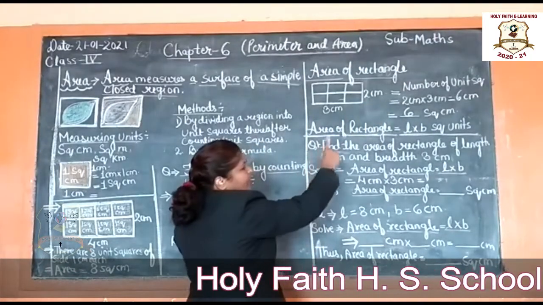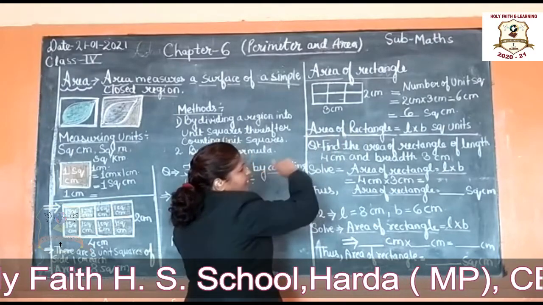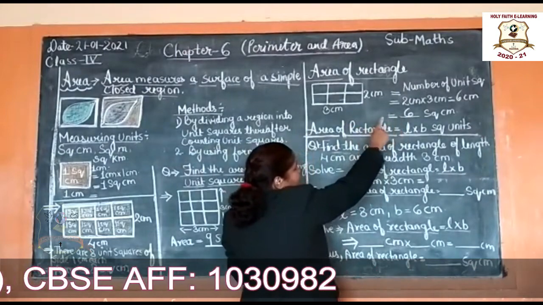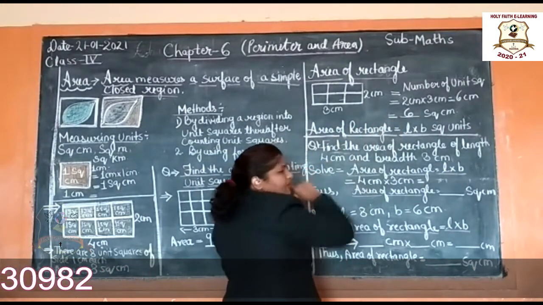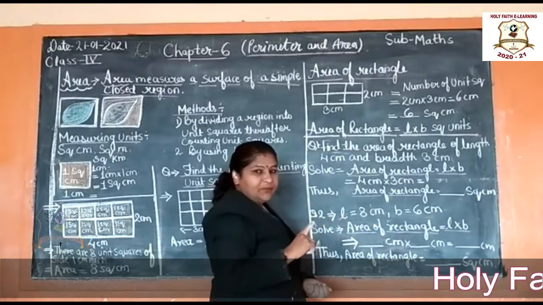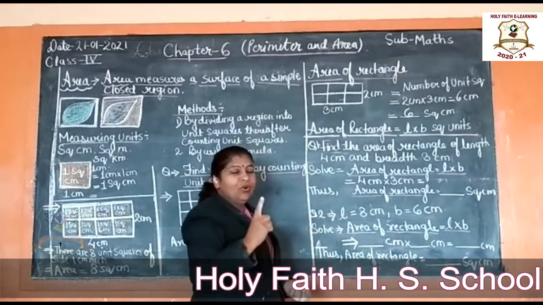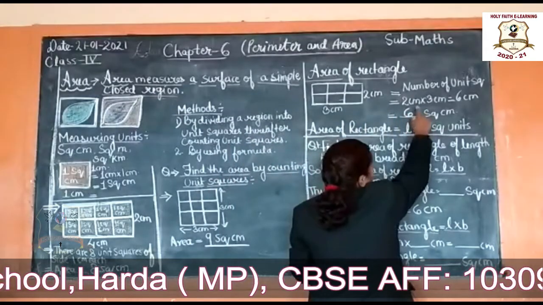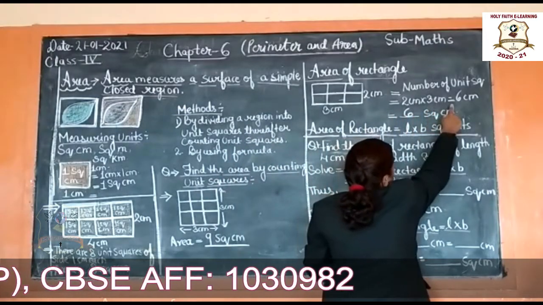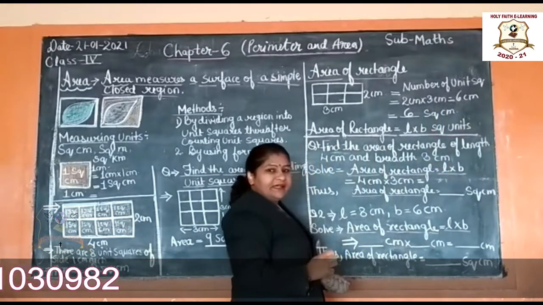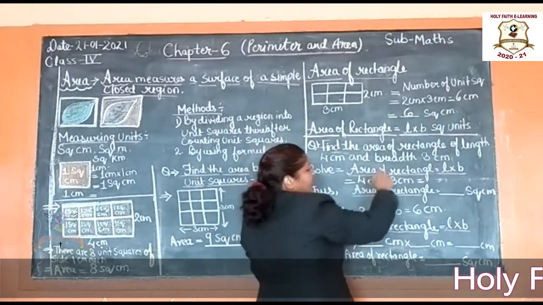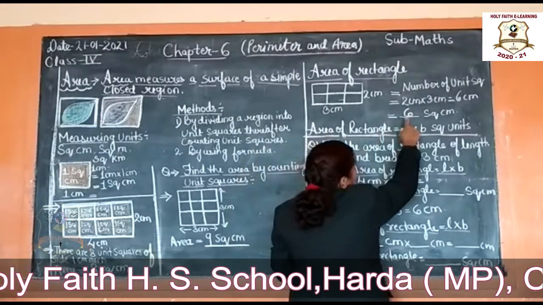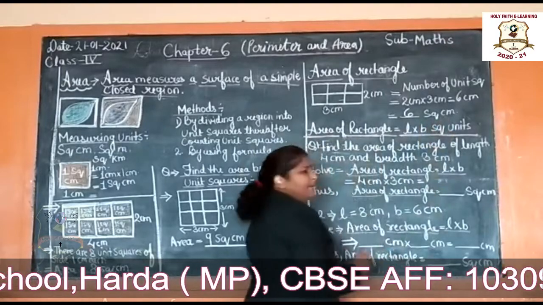So the number of unit squares is equal to 2 into 3. Here we multiply length into breadth. So we multiply 2 centimeter into 3 centimeter, which is equal to 6. Okay, so here our answer came: the area of rectangle is 6 square centimeter.